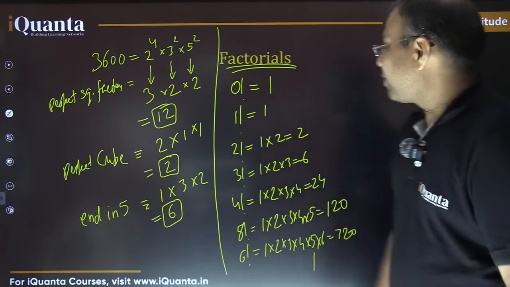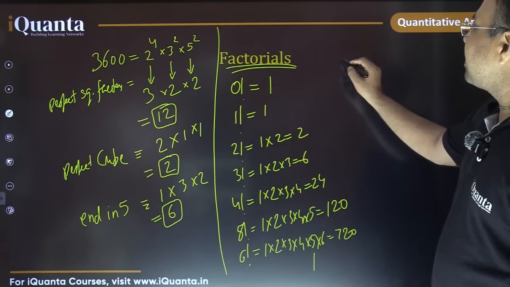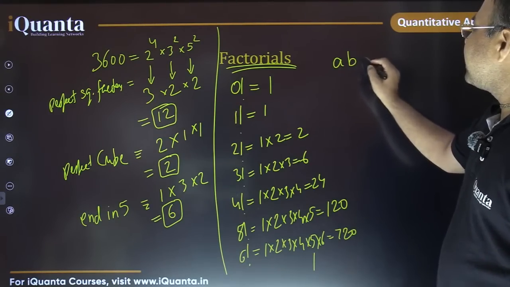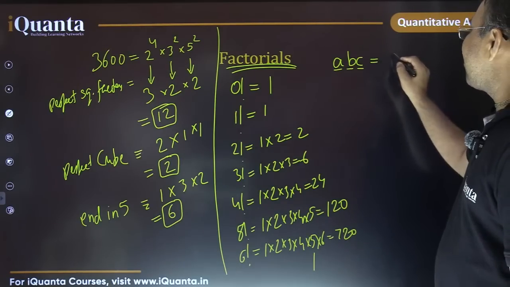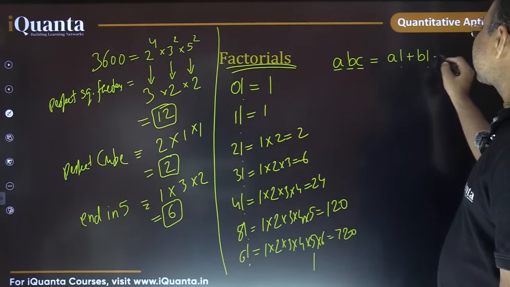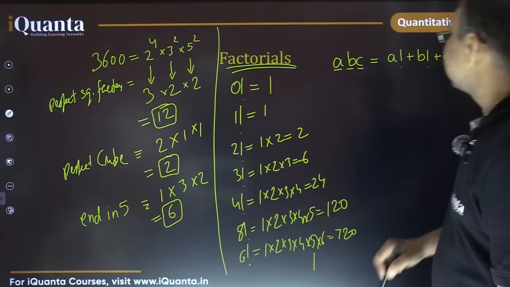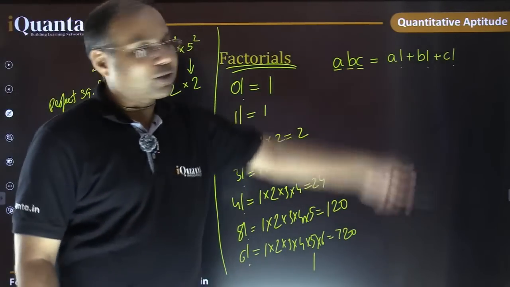Okay, before moving further, here's one question to all of you. Please answer fast. There is a 3-digit number ABC, and it is given that it is equal to the sum of factorials of its digits. ABC is equal to A factorial plus B factorial plus C factorial.